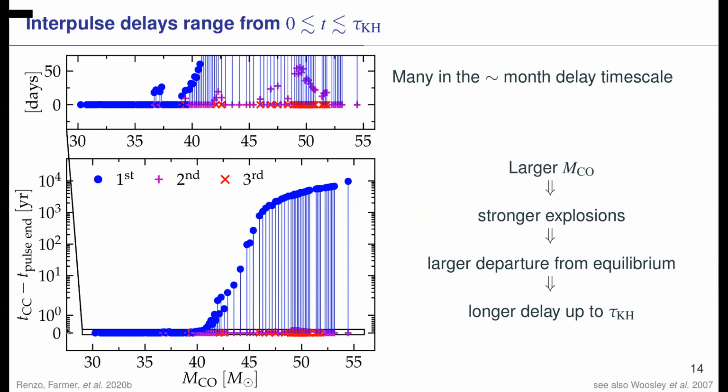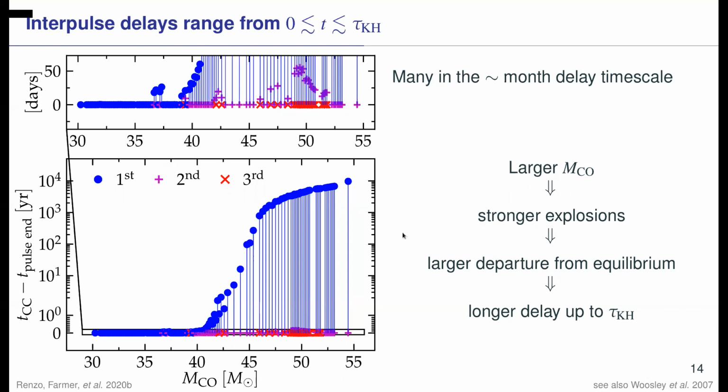As you can see, there is a huge range, from hours to 10^4 years. But importantly, this range is not randomly populated. There is a trend. The first pulse will have a longer delay, of course, than the second and the third. But the more massive the core pulsating is, the longer the delay will be.